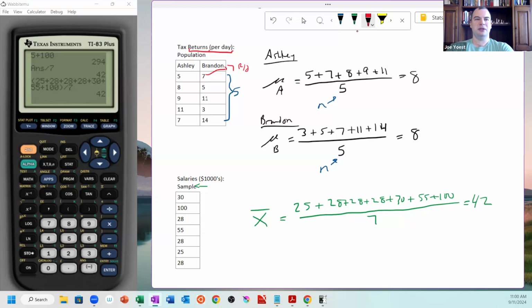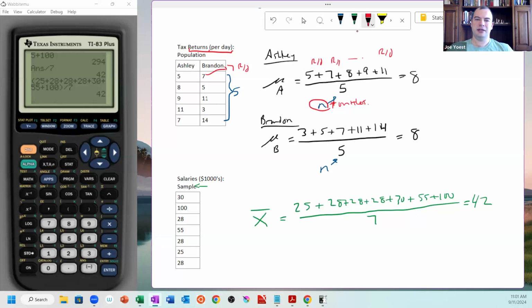What unit do I end up with for my mean? Well, in the numerator, all of my things I'm adding together have units of returns per day. In my denominator, n, the sample size, is just a counting number. That's just a number. It's unitless.